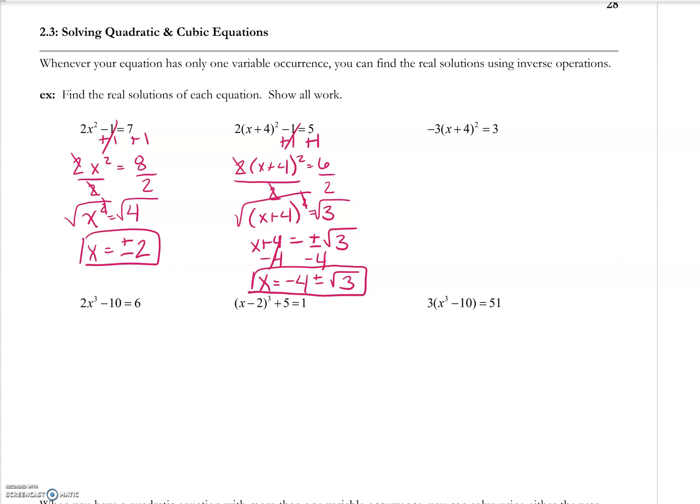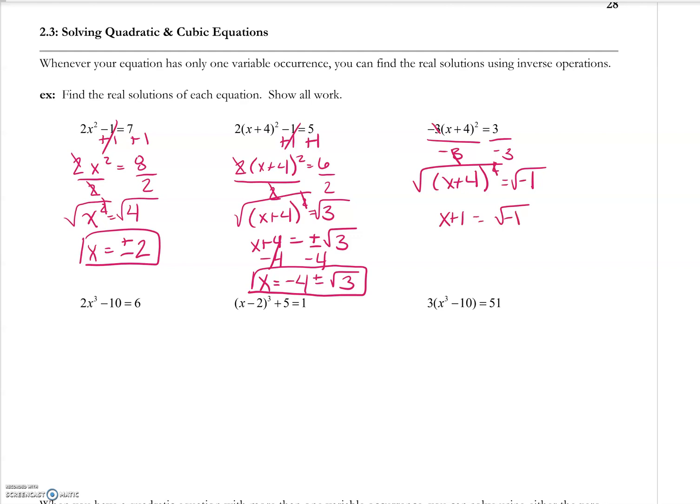Similarly for this next one, again, I only see x in one spot, so to get that x by itself, I'll start by dividing by negative 3, and I'll get x plus 4 squared equals negative 1. Then I'll take the square root, and I get x plus 4 equals the square root of negative 1.